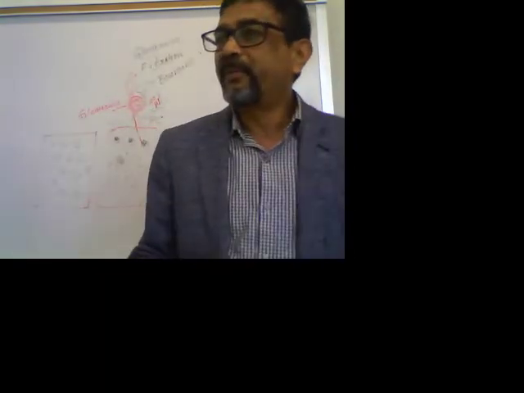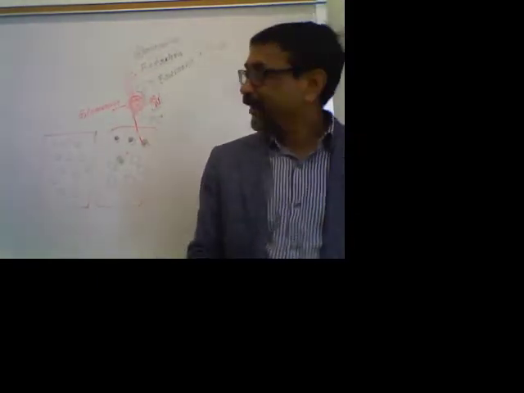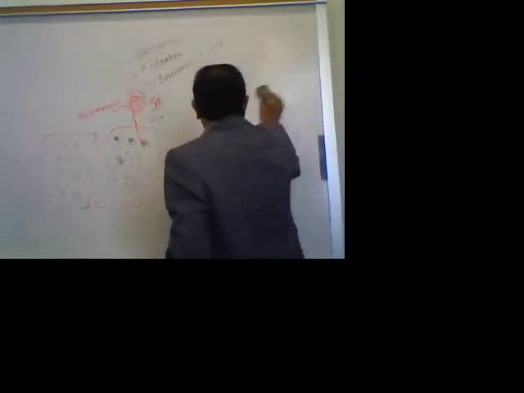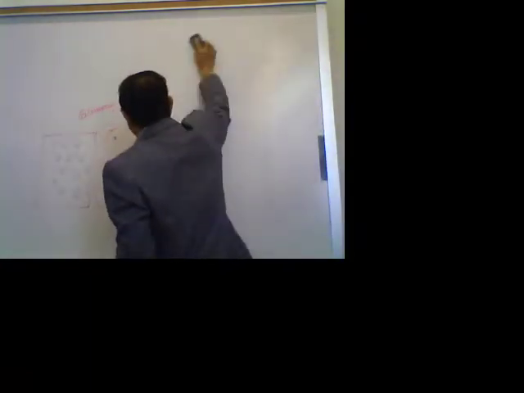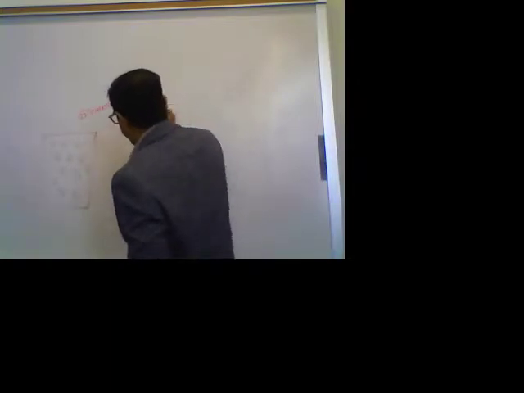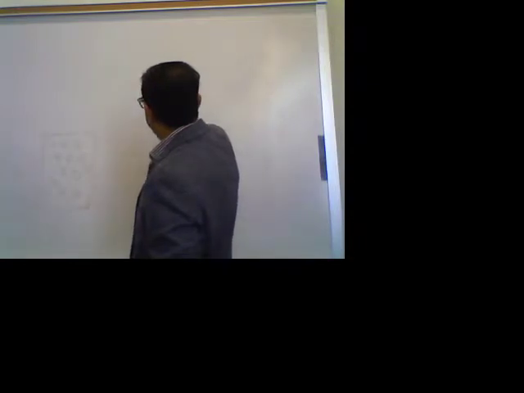Counter current mechanism of urine formation. This is very interesting. Counter current mechanism is a very efficient process that occurs in the nephron. You know, again I am drawing the same picture.